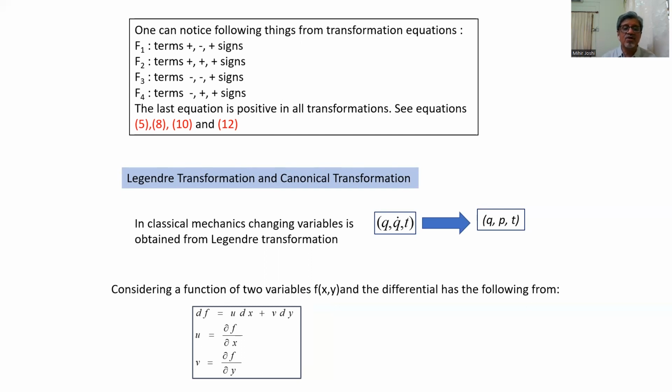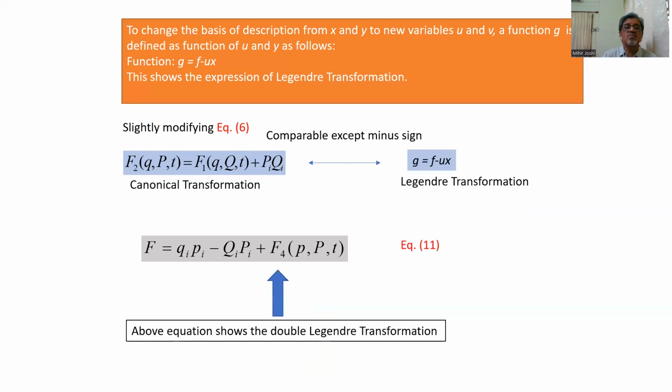Considering a function of two variables, f(x, y), the differential has the following form: df is equal to u dx plus v dy, where u is represented as del f by del x, and v is represented as del f by del y. So this is the basic equation for the Legendre transformation.